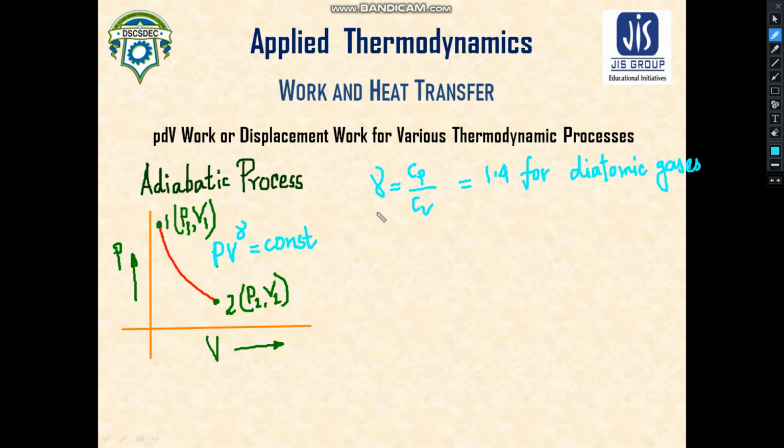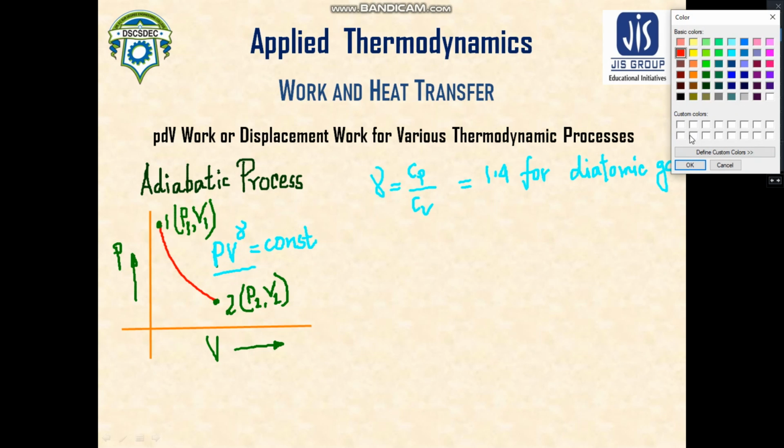So let us discuss the adiabatic process. I have told you earlier, adiabatic process means that there is no heat transfer going on. According to the pressure volume relationships, it maintains a relationship of PV to the power gamma equal to constant.